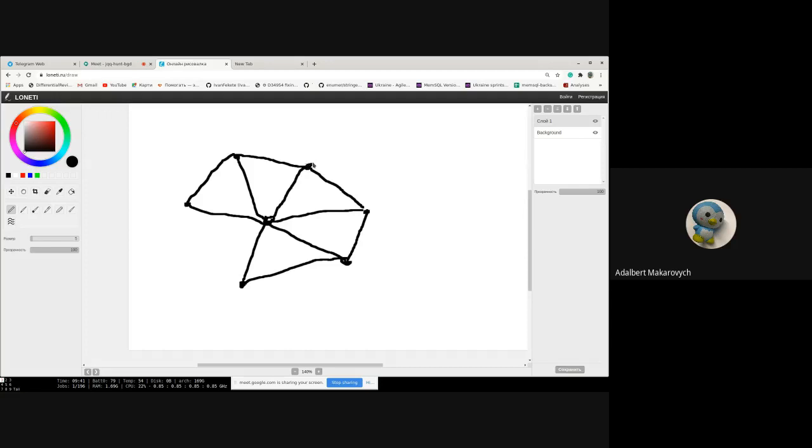So in the worst case, we'll end up with something like O of V to the fourth power multiplied by E. And that's kind of bad.